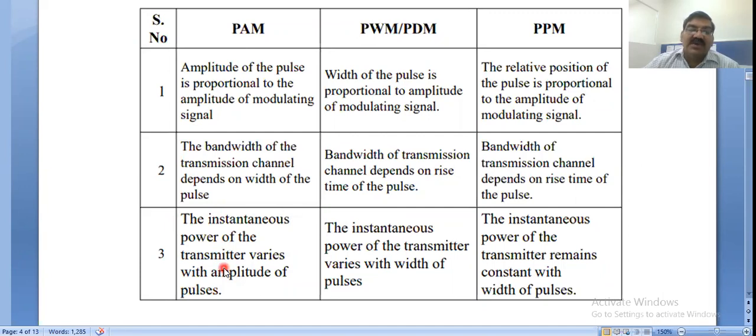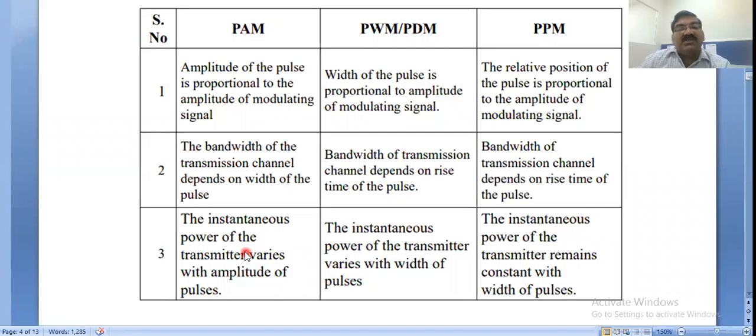It is continuously varying. When the amplitude of the pulse is high, the transmitted power is high, and when the amplitude of the pulse is low, the transmitted power is low. So there is fluctuation in the transmitted power. If your transmitted power is varying, it may affect the receiver end. Why? Because there is a thumb rule: the more transmitted power you have, the longer the distance it may travel.